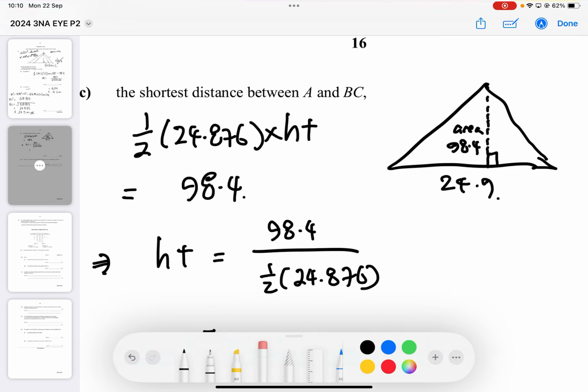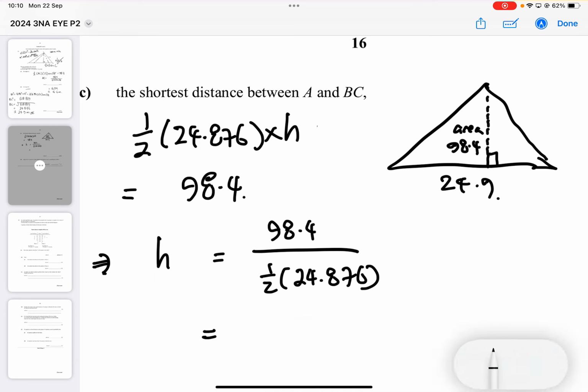Because my English is better. Height. It doesn't matter, as long as you put it here also. So the height is 7.911 or roughly 7.91.